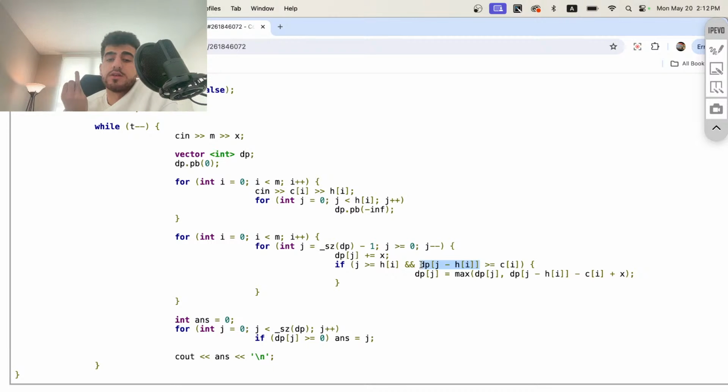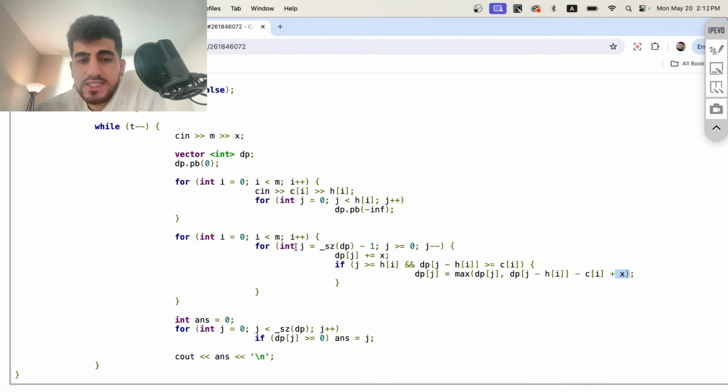In this case, I can say that dp of j is equal to maximum of dp of j and dp of j minus hi minus ci, which is the cost of buying this happiness, plus x, which is my monthly salary. So this way I can update my DPs.